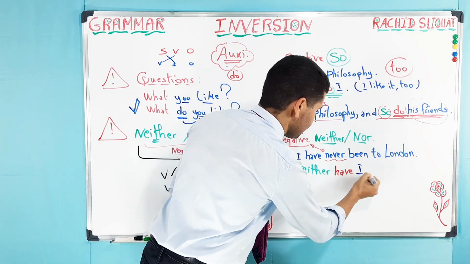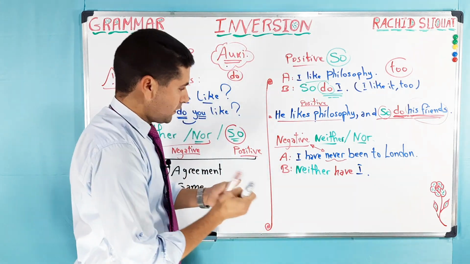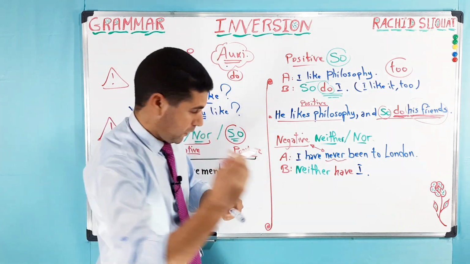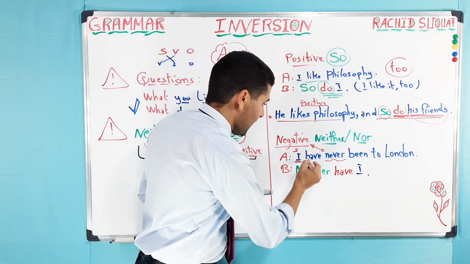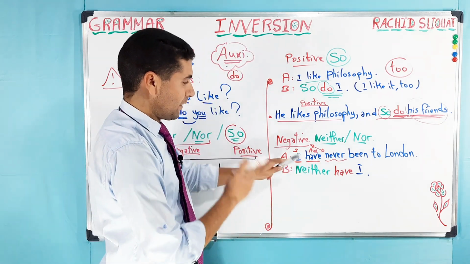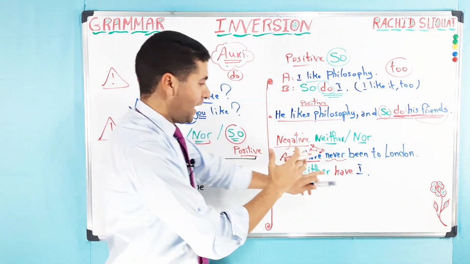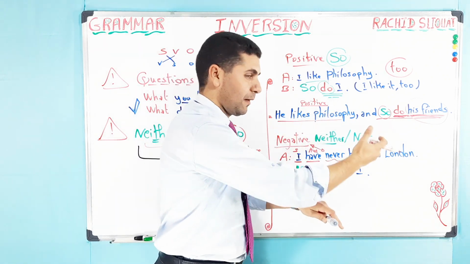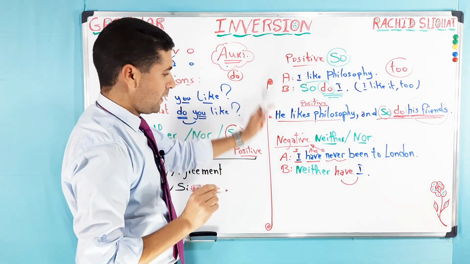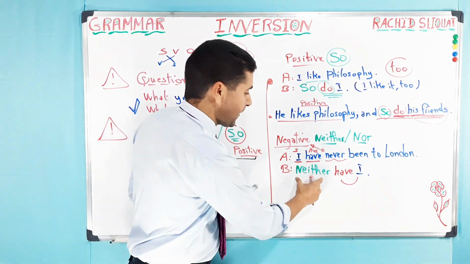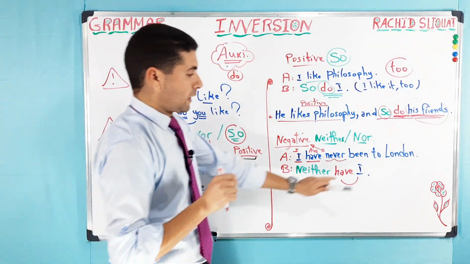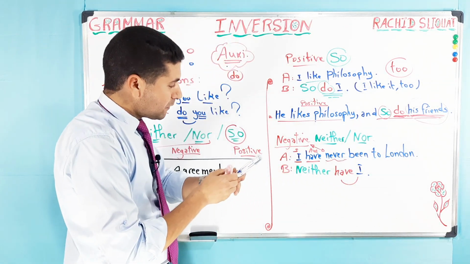Here there is inversion of I, the subject, and have, the auxiliary. In this one we have subject then auxiliary, and here we have auxiliary then subject. This is what we call inversion. Why? Because neither came at the beginning.